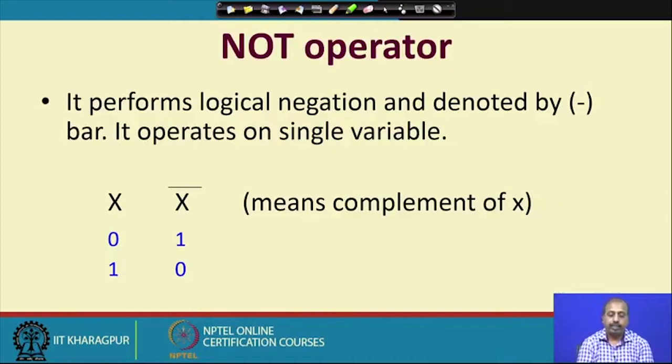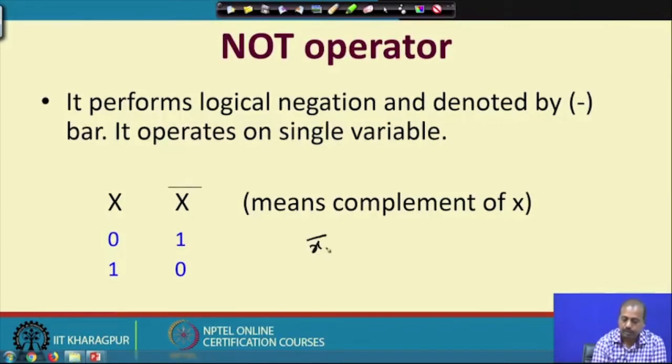Okay. So, again there are other notations also. x bar is one notation that we have already seen here. Sometimes we write it as tilde x, sometimes we write it as not of x, sometimes we write it as x followed by a hash, or x dash. So, different notations are there.